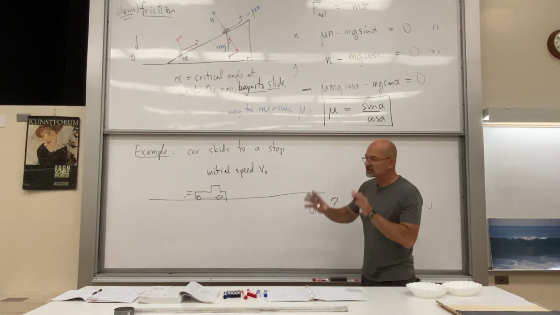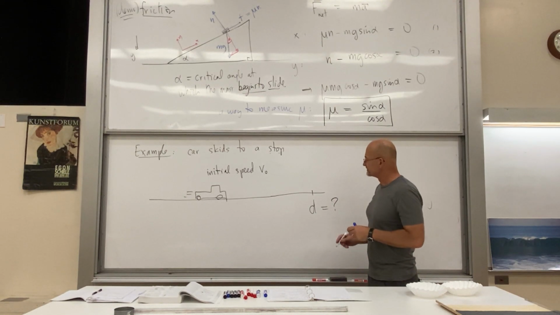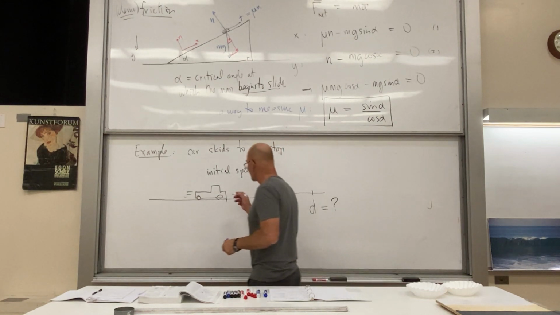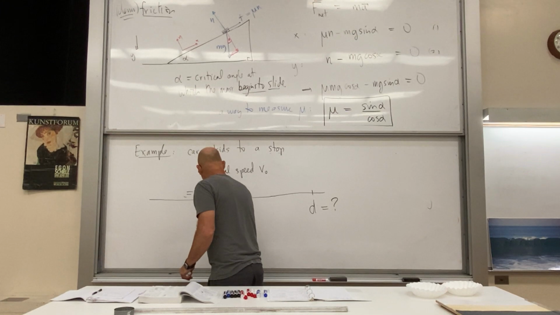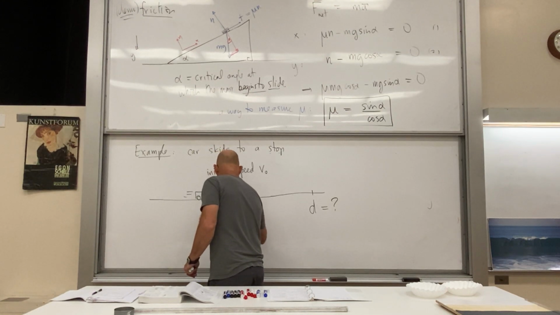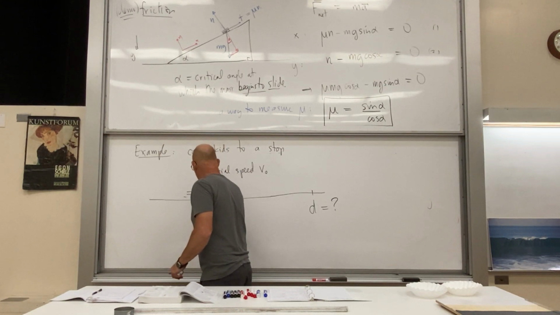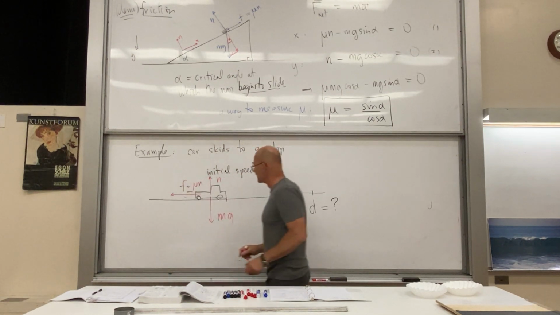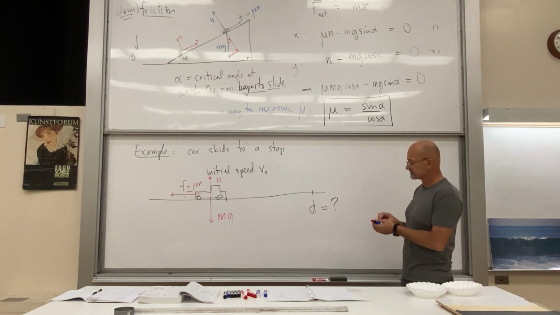So as soon as the car slams on the brakes, there's just friction. I'll use this same picture to draw the forces on the car now. It has mg, it has a normal force and there's a friction force equals mu times n. Okay, there's our Newton's law free body diagram again.